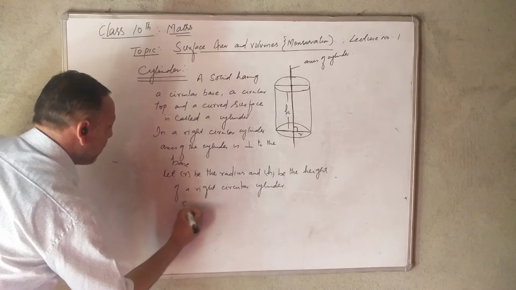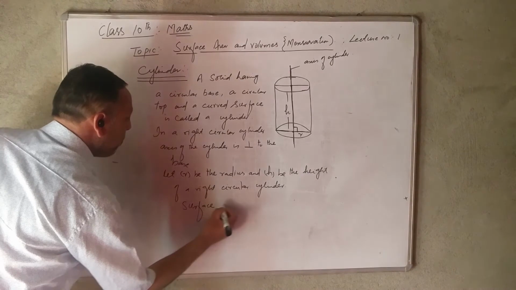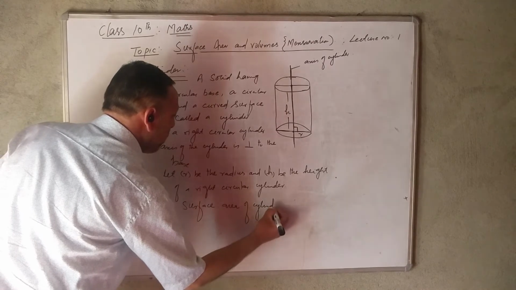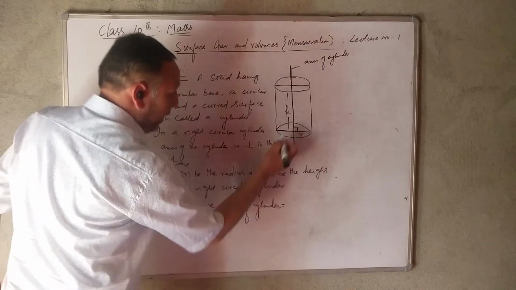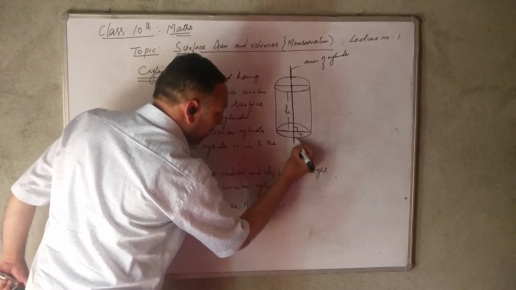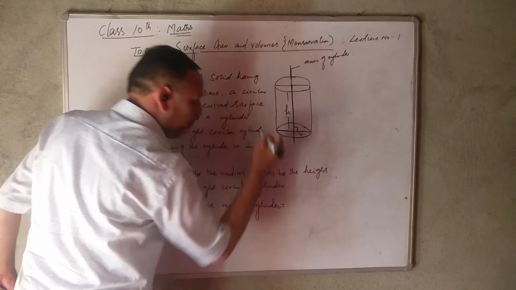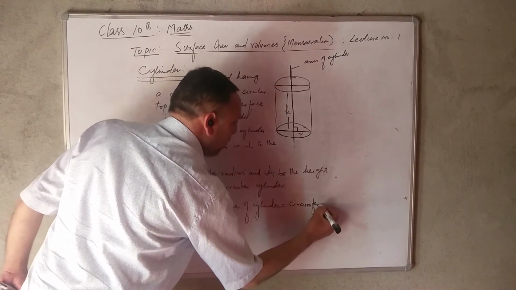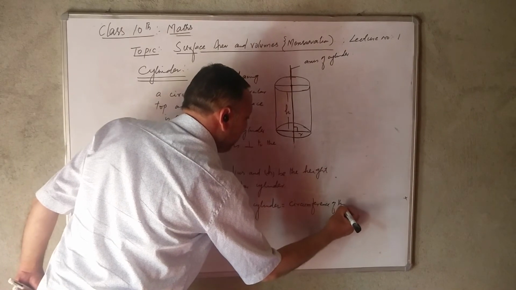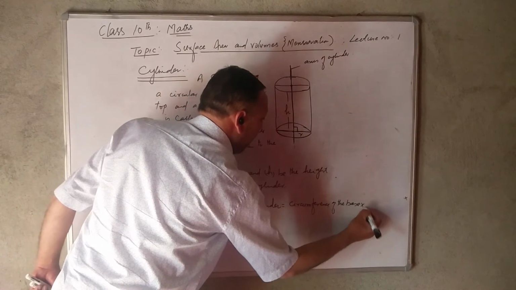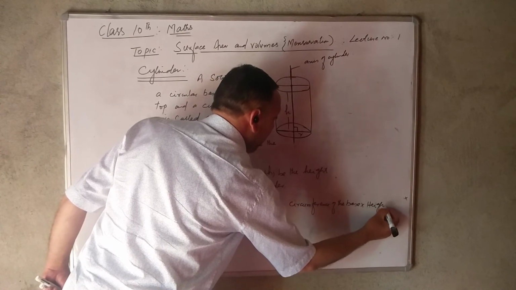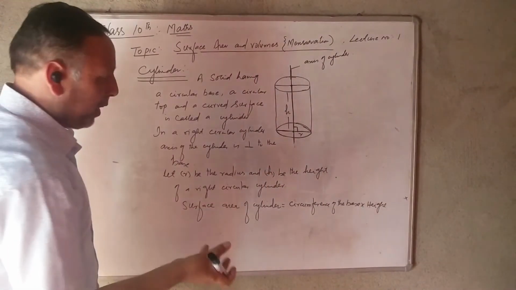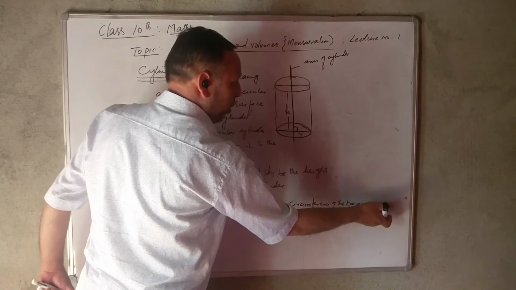Then the surface area of a cylinder is the circumference of the base into height. Since the base is a circle, it is the circumference of the circle into height.